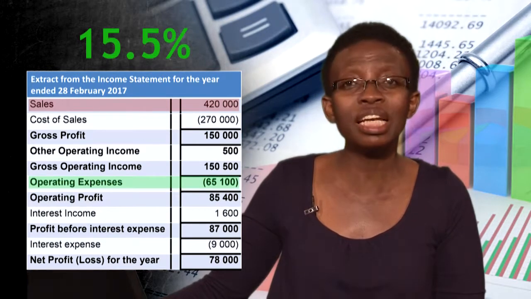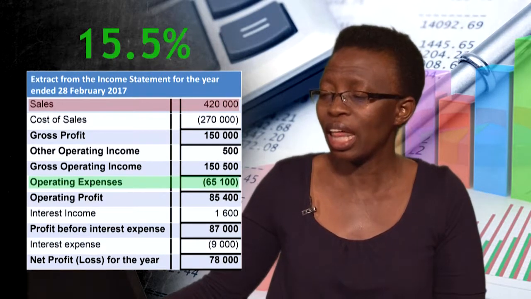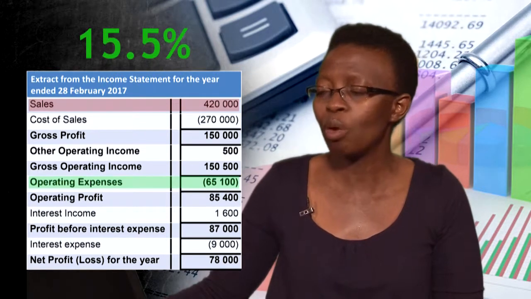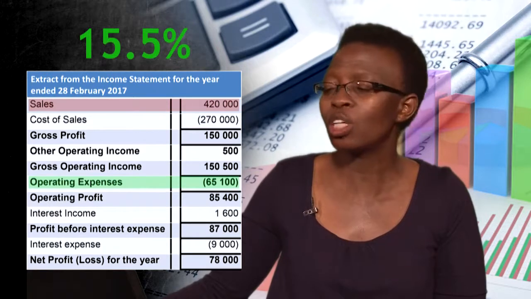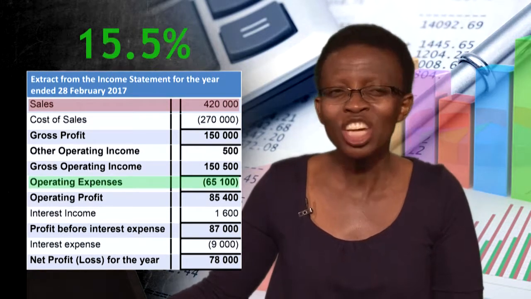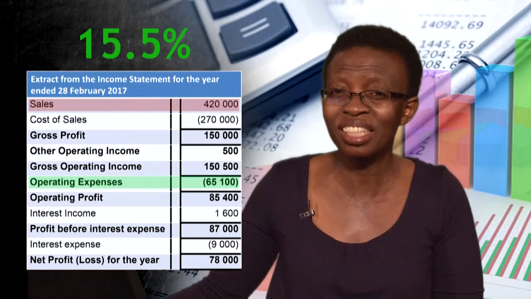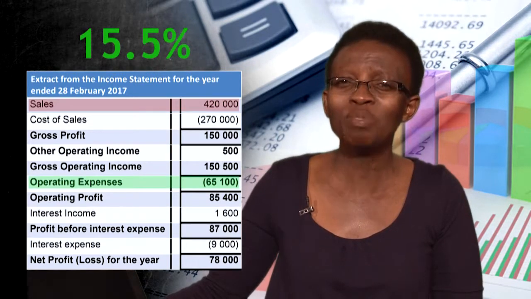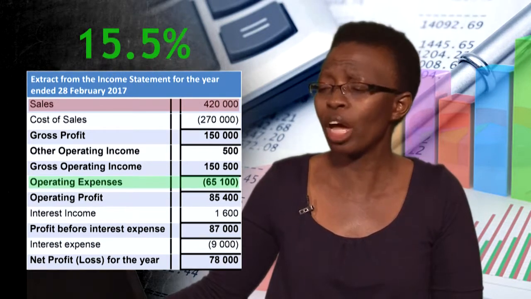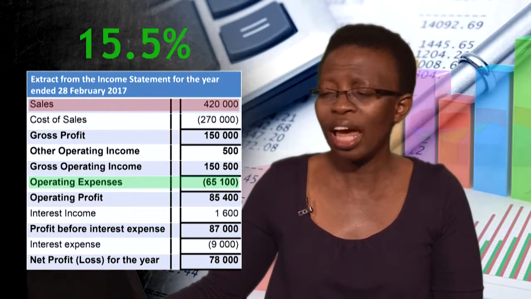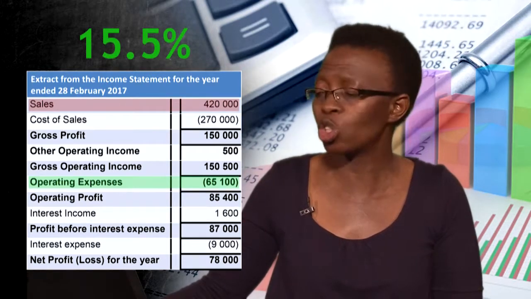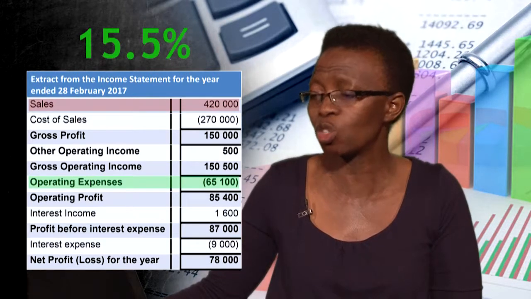So for the financial year of 2017, the ratio is 15.5%, and for 2016 it was 40%. Should the owner be happy with this? Of course, it means that we have improved, our operating expenses have gone down, and therefore the business is controlling its operating expenses well.